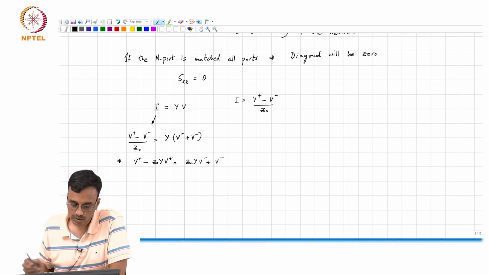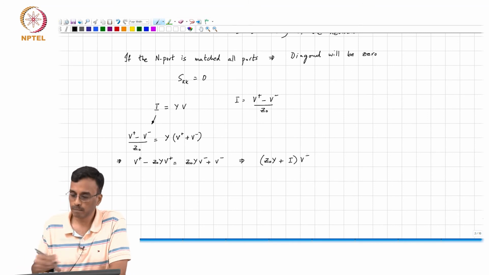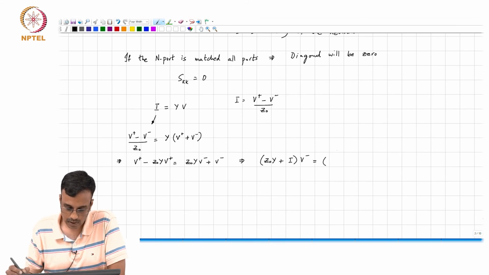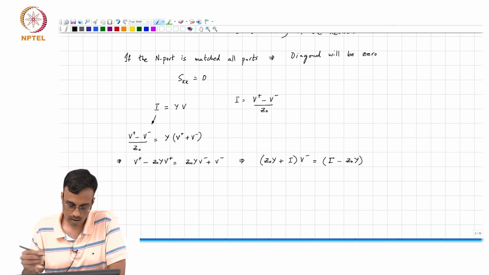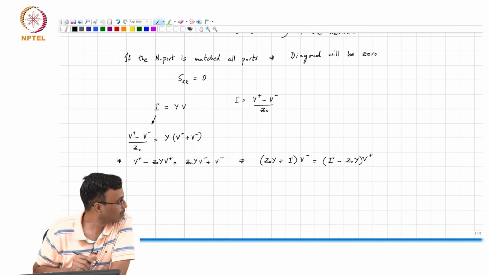All right, so Z naught Y plus I times V minus equals I minus Z naught Y times V plus. Does that make sense? I hope I have not messed up.